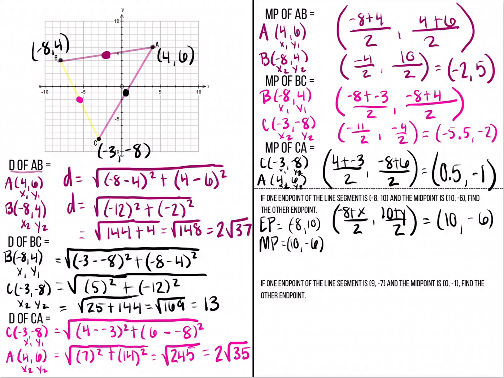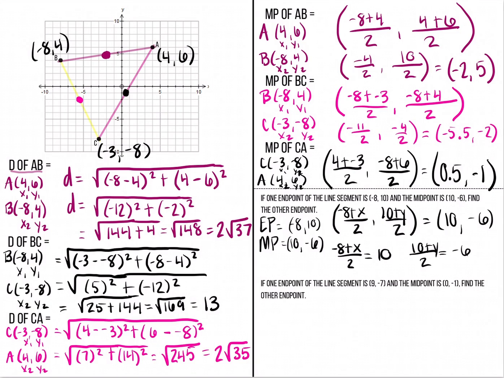Because in the formula, we just add the endpoints. Well, we don't know the endpoint. So now we're going to solve for x and y. So negative 8 plus x divided by 2 equals 10. And then 10 plus y divided by 2 equals negative 6.